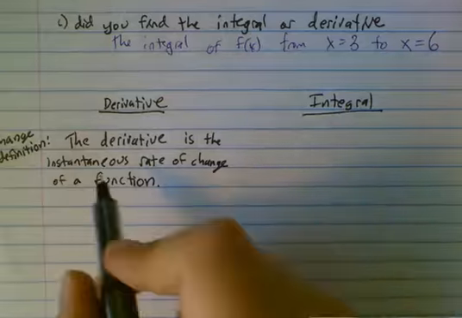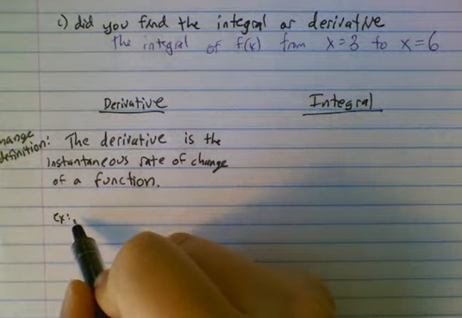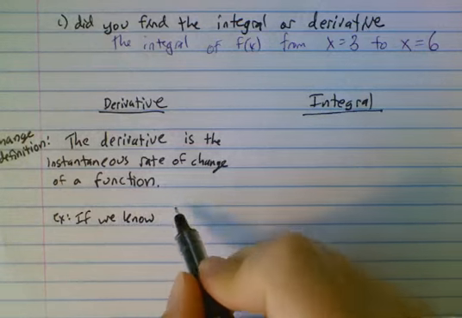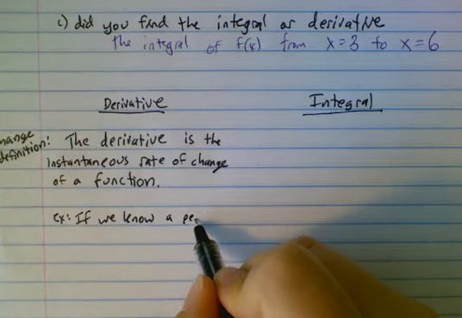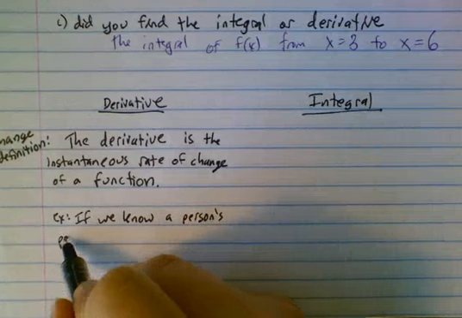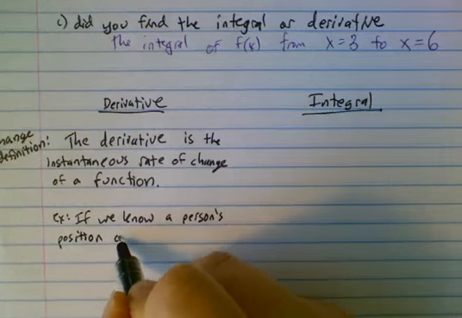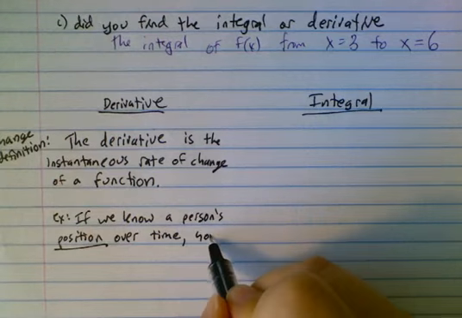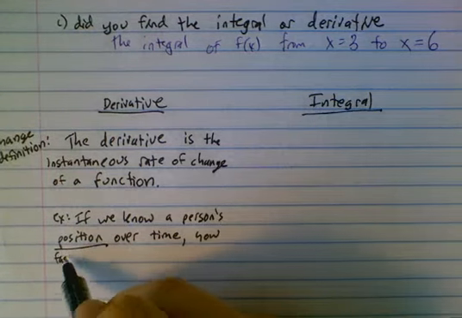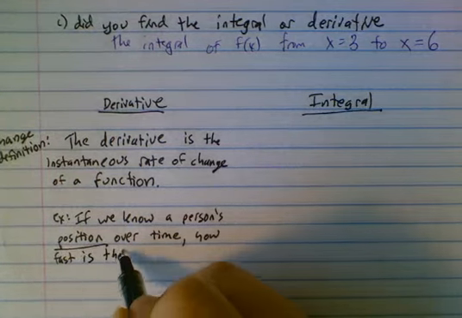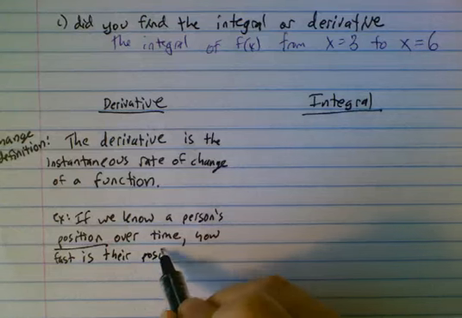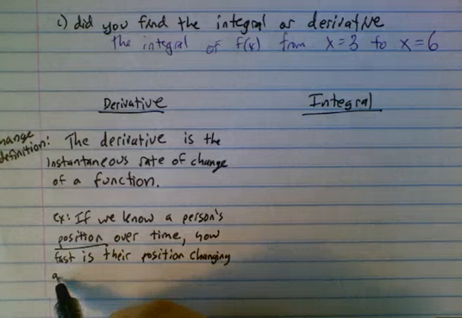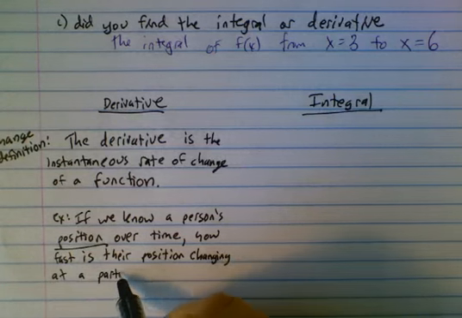So let's say we imagine, so we know a person's position over time, how fast is their position changing at a particular instant.